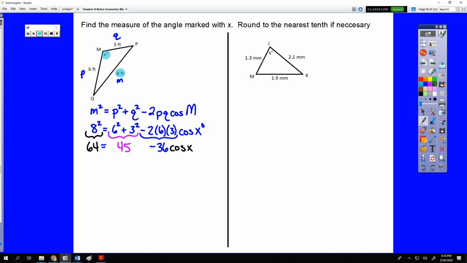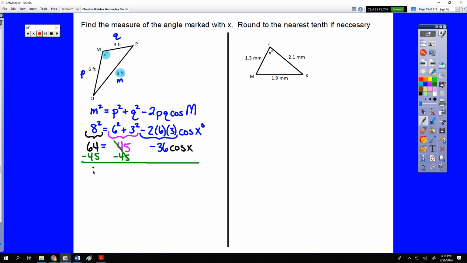So once we get those 3 pieces plugged in, we need to solve for x, which means we need to solve for cosine of x. We need to get cosine of x by itself. So pretty much what we do is the same thing every single time. This piece, 45, is positive, so we are going to subtract it from both sides to get rid of it.